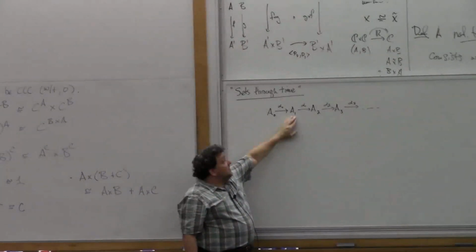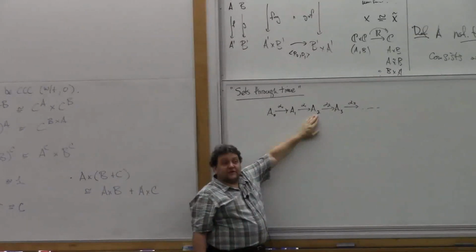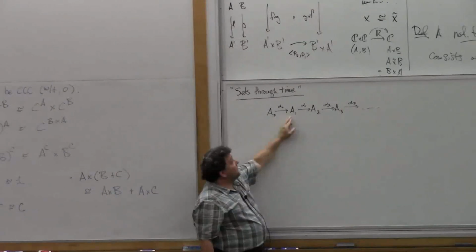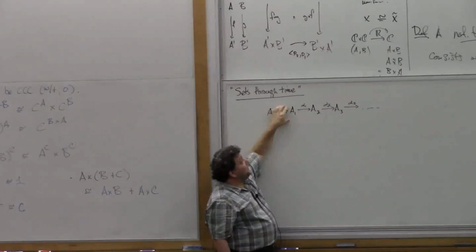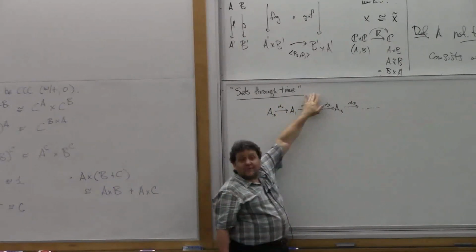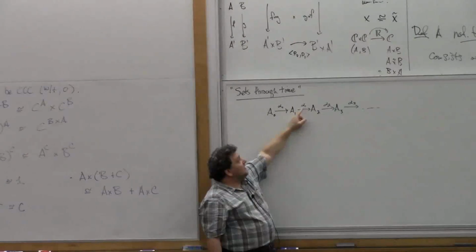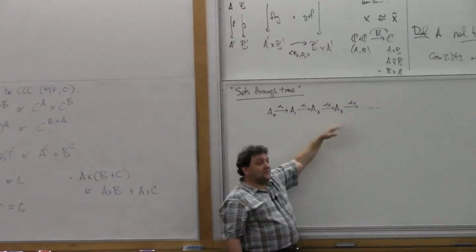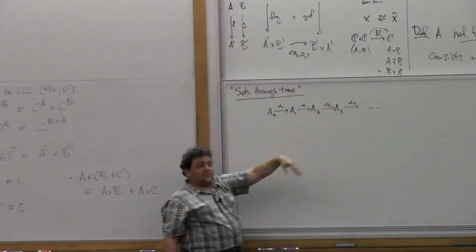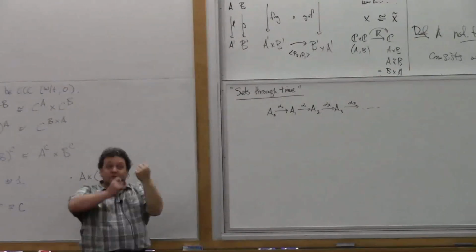And it could happen that an element that doesn't exist at all here suddenly pops into existence over here. So that is to say, this function doesn't need to be injective, because things could get collapsed. And this function doesn't need to be surjective, because new things could pop into existence here. But once you have an element, it stays with you somehow. You don't lose it forever. That's to say, these functions are total. They're defined everywhere here. So an element will always have some sort of a trace through time. It won't ever completely disappear. So that's the idea of a set which changes through time.